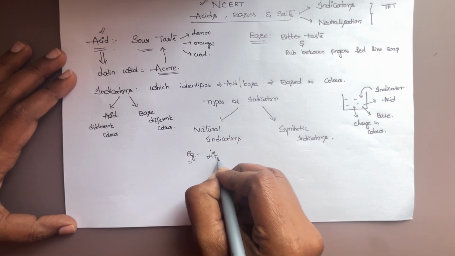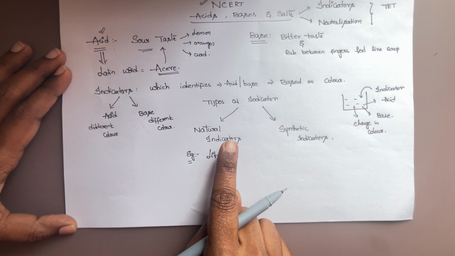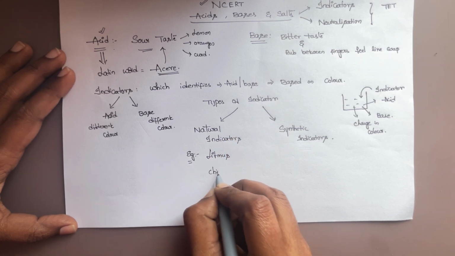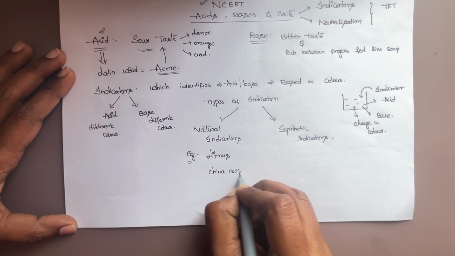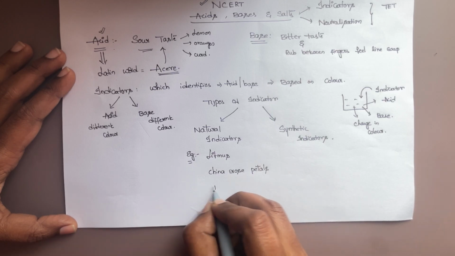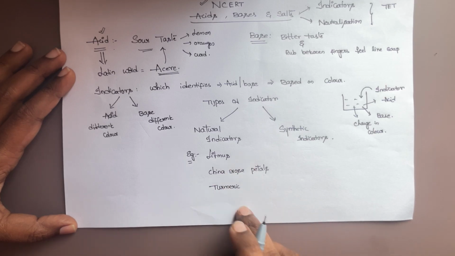First one is litmus. Very, very important. Which of the following belongs to natural indicators? Litmus, China rose petals, and turmeric. These are natural indicators.